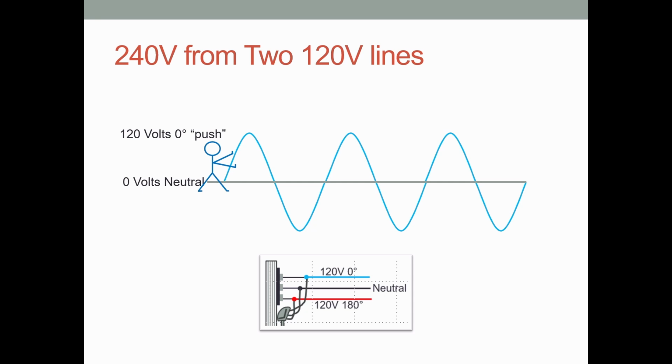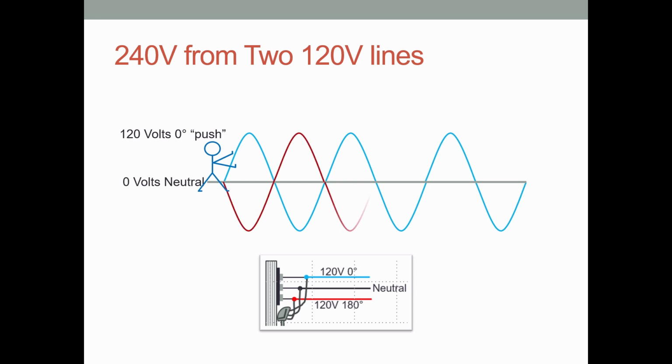Think of it as having a little man pushing electrons through the wire. Note that the power in the line constantly fluctuates from 0 volts to 120 volts in one direction, and then from 0 volts to 120 volts in the opposite direction. It is this constant fluctuation of power that makes a transformer perform its magic.